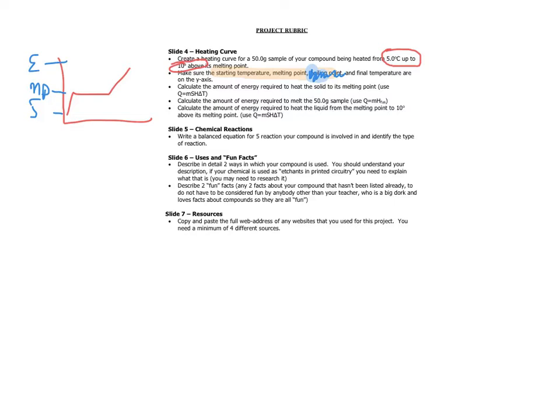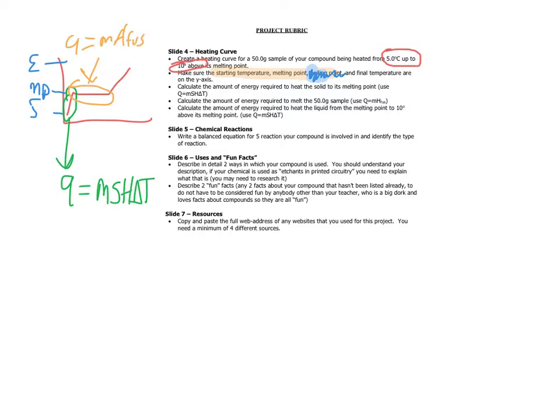And you're going to do 3 calculations. You're going to calculate each part of the graph. This first diagonal is a Q equals MSΔT equation. The horizontal line is a Q equals mΔH fusion.